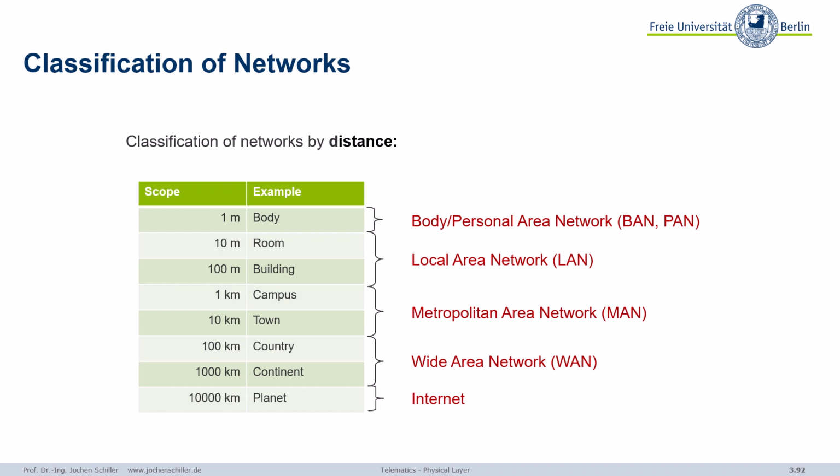So a solution that fits for local area networks like wireless LAN, for example, absolutely does not fit for wide area networks. No way. And the other way around, maybe a solution for wide area networks is way too inefficient for body area networks. Too much overhead, etc.